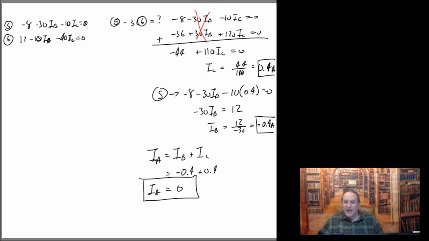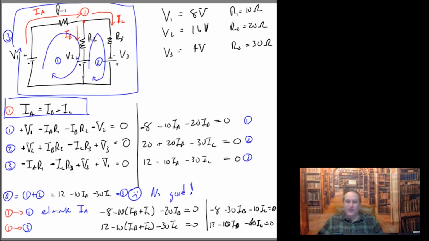So if we go back and look at the directions, IC was in the correct direction, but IB was in the wrong direction. See, the current cannot flow through battery V2 this way because it's too strong. It's 16 volts. So it actually pushes the current the other way. We get 0.4 amps going up through R2 and then 0.4 amps going down through R3.